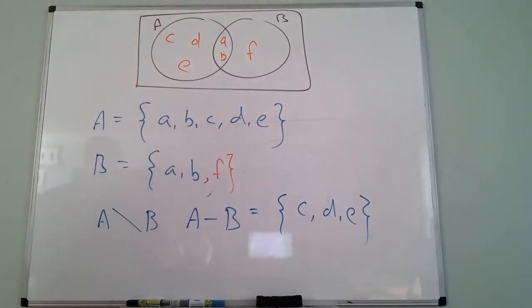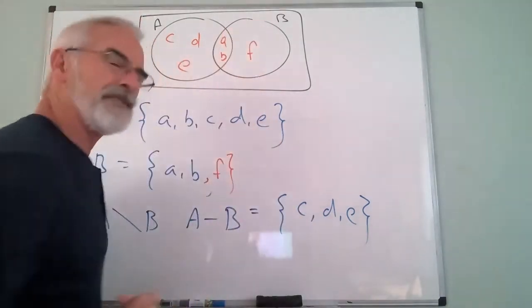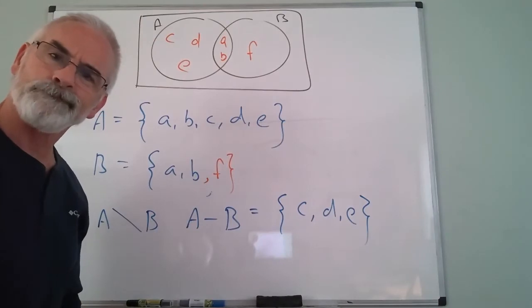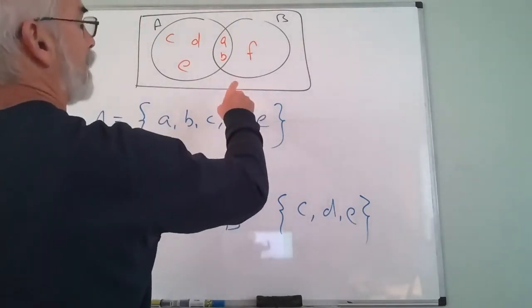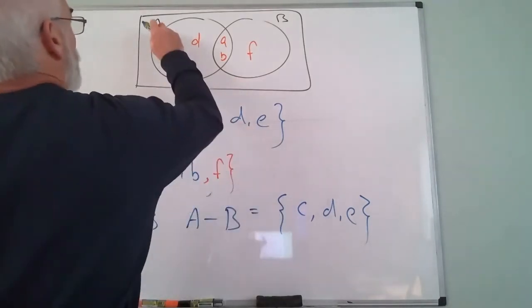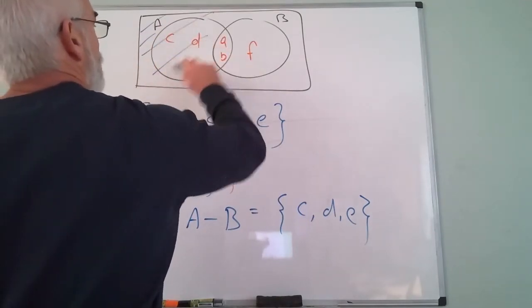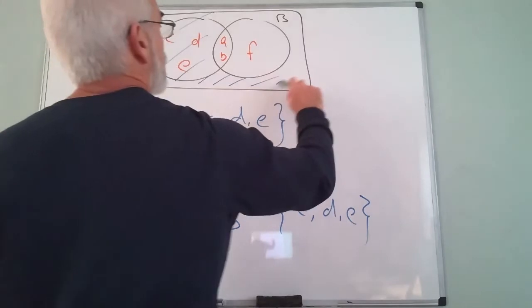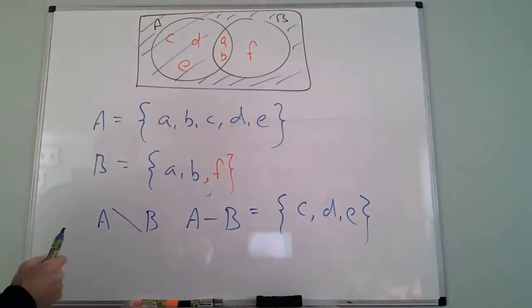Okay, so what does this mean in terms of unions and intersections? Well, what is B complement right now? What is the complement of B? The complement of B would be everything outside of B, including a great deal of A. The blue stuff right here is B complement.